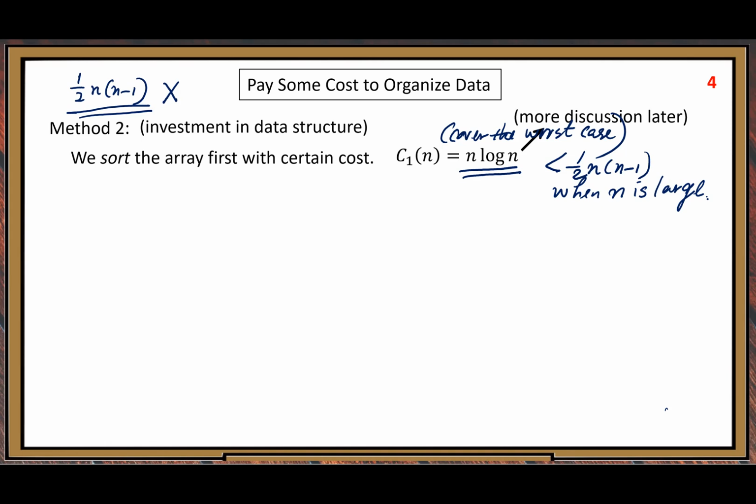Actually, if we take the ratio of these two expressions and look at the limit as n approaches infinity, we will do that quickly in the same module. In this module, we will compute many limits, and this will be one of them. You will see the ratio's limit approaches 0 as n approaches infinity.